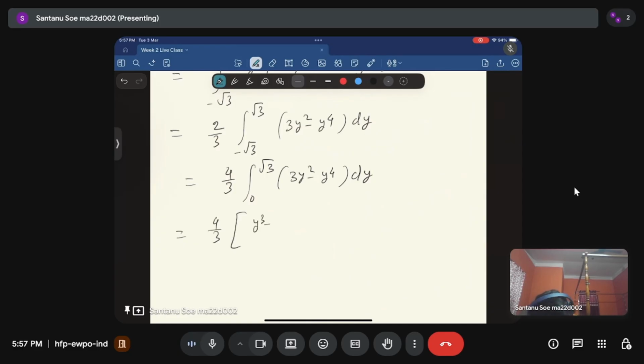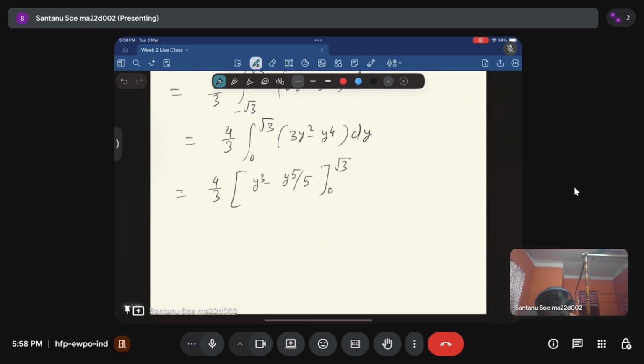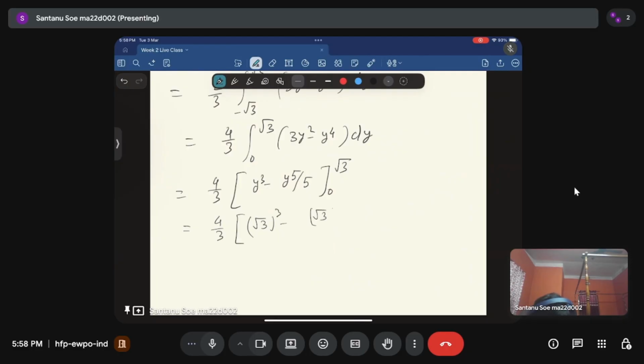This is going to be y cube minus y to the power 5 by 5, from 0 to root 3. And this is just 4 by 3 times (root 3 whole cube minus root 3 to the power 5 divided by 5).